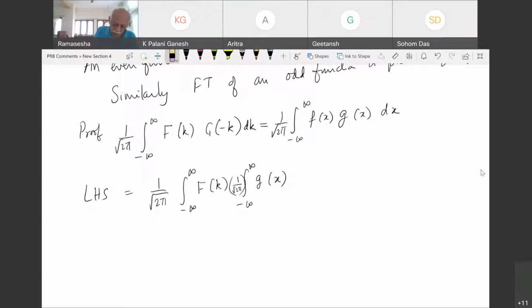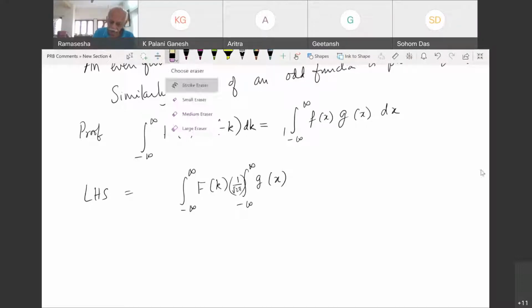What is 1 upon root 2 pi? The definition of the Fourier transform. So it's just g of minus k, which is 1 upon root 2 pi.